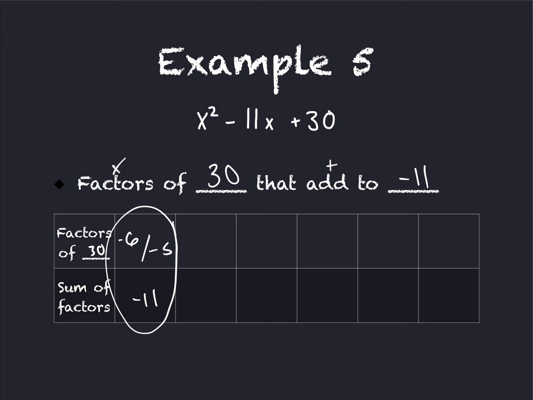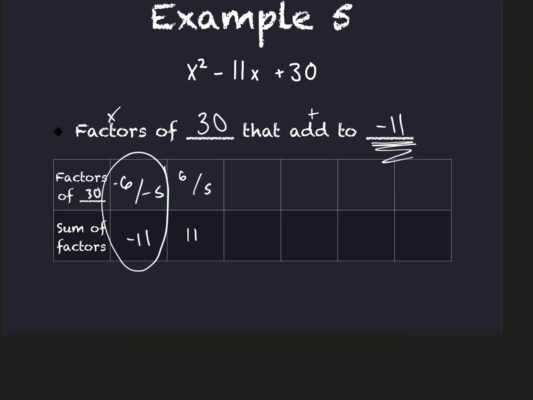So sometimes it takes a couple guesses to see what will work. Like if you think factors of 30, you could think positive 5 and positive 6. But positive 5 plus positive 6 is positive 11, but we're looking for something that adds to negative 11. So we just have to use a little bit of trial and error sometimes. What's going to go first in our parentheses?